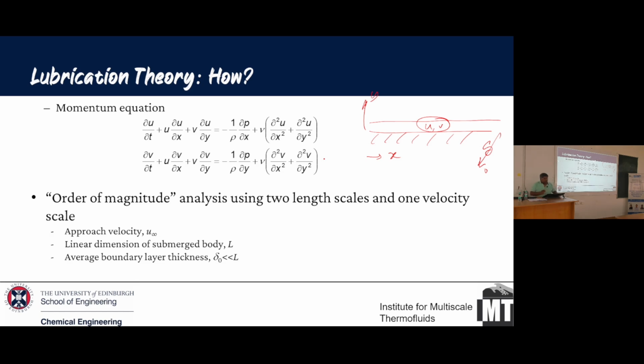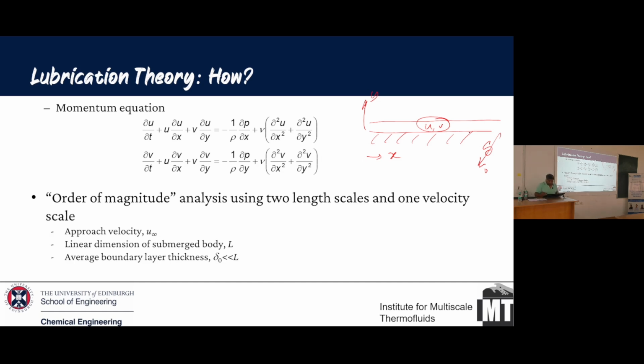So one way to quickly look at how we reduce the system into lubrication equations. Obviously till now we have just dealt with Navier-Stokes. They are full Navier-Stokes, they are not reduced to lubrication approximations at all. One way to look at it is to look at the length scales.